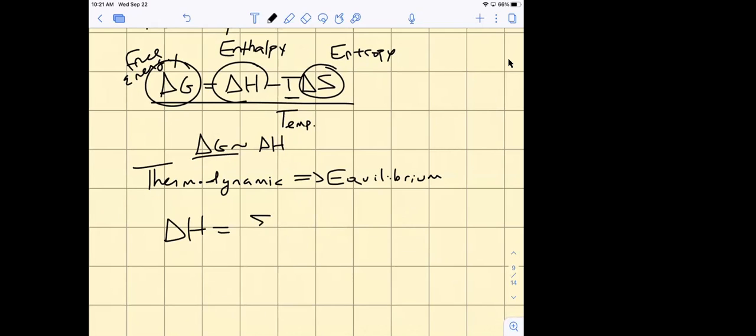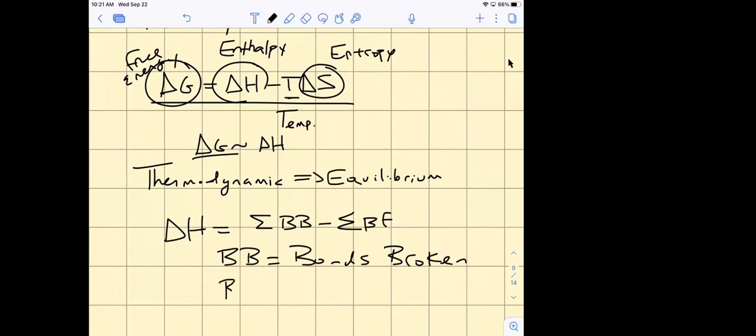It's the sum of bonds broken minus the sum of bonds formed, right? And when we talk about the bonds, we're talking about the energy of that bond, or the bond strength. All right, everybody okay so far? Yes.